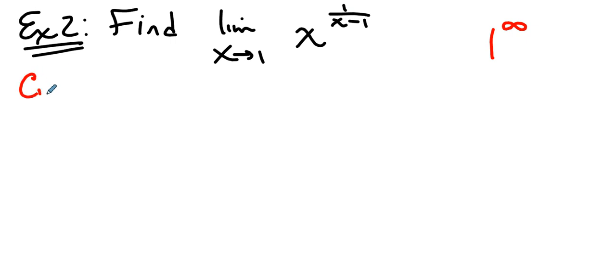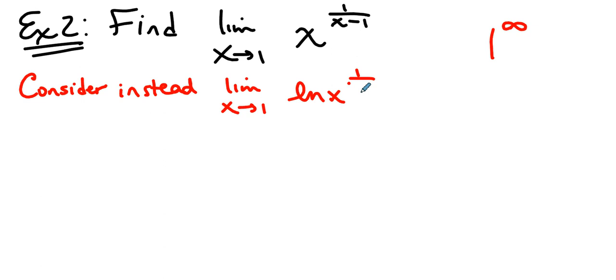So I want to do a completely different problem. I would like to consider instead the limit of the natural log of x to the 1 over x minus 1. Why? Well, because if you include the natural log, then this comes down in front.